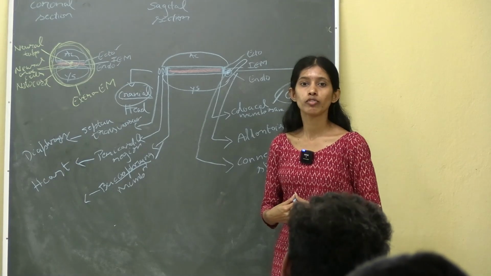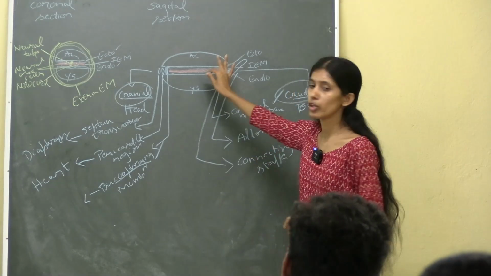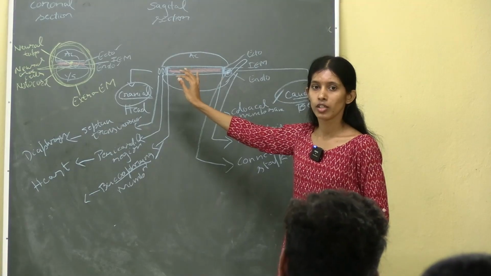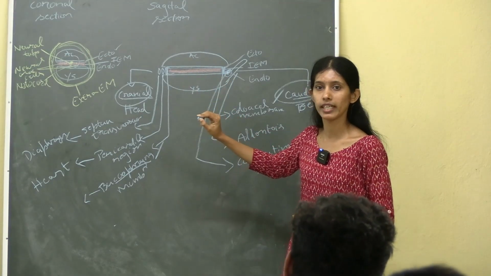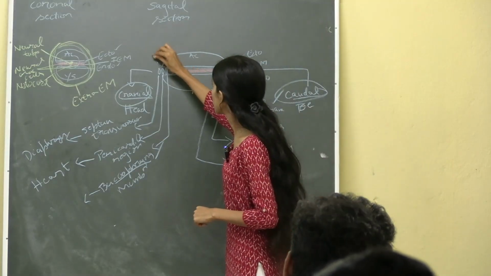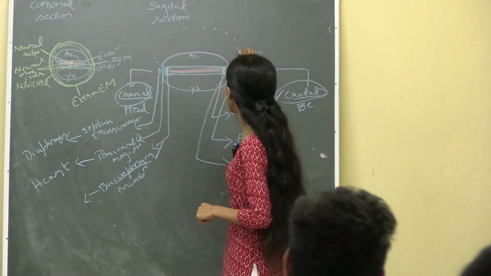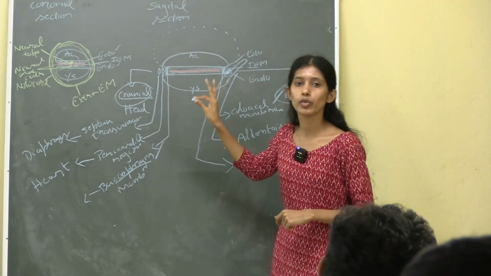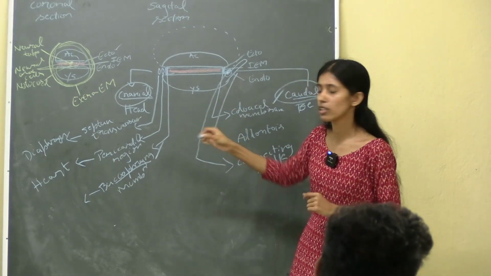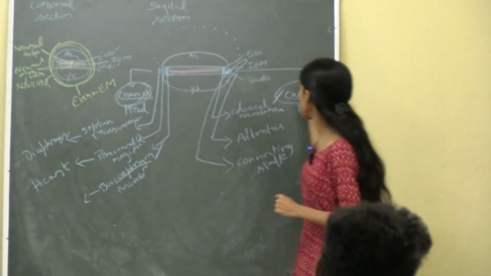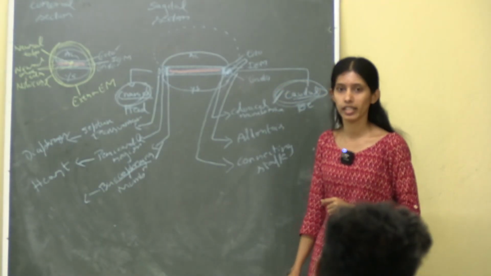There will be a proliferation of cells in your amniotic cavity region. Due to the proliferation, the size of the amniotic cavity will increase. Okay. Once the amniotic cavity increases in size, the folding takes place at the cranial and caudal ends.